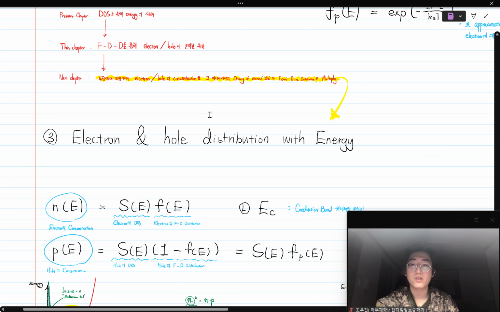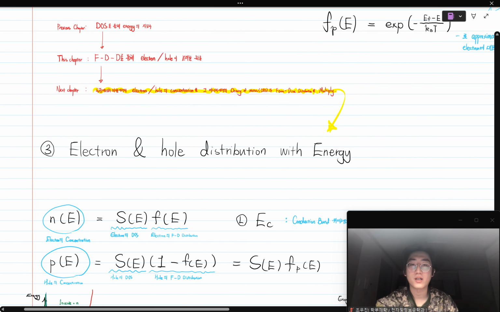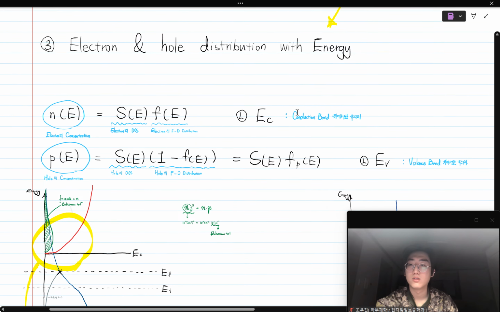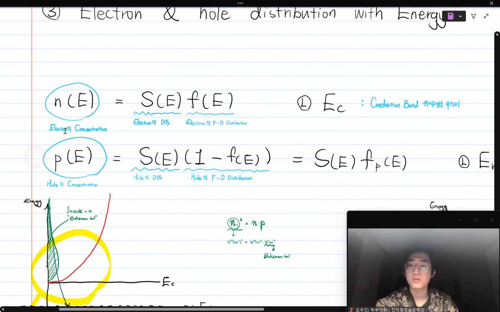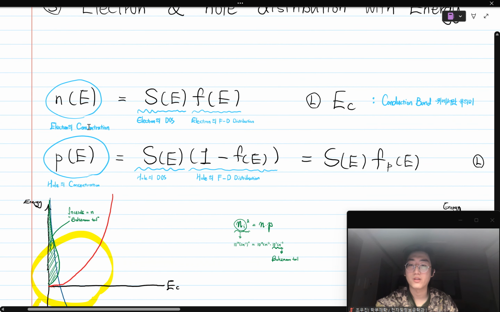To get this, we should multiply density of states and Fermi-Dirac distribution. This equation is concentration of electron equal to density of states of electron times Fermi-Dirac distribution of electron.